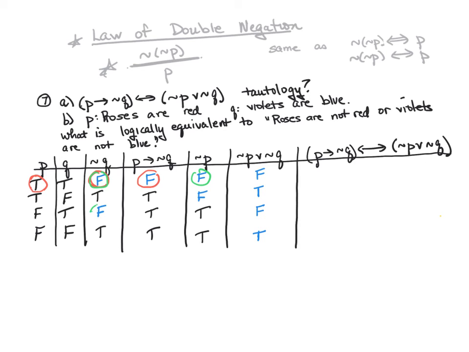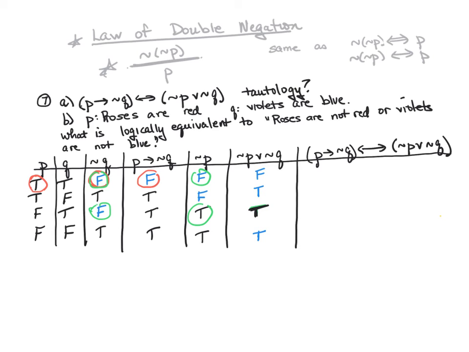And, wait a second. And actually, that's it. That's the only place we have two falses. This line should be a true. So let me just correct that one here. See, I wasn't very careful here. So that's a true.